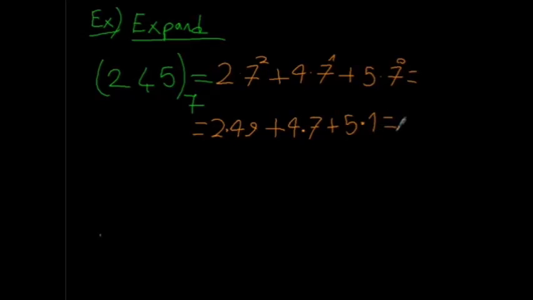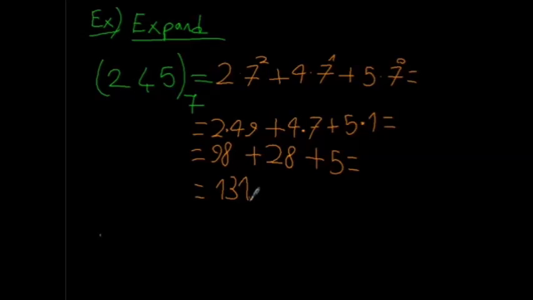If you can't read his handwriting, you can understand it from here. 2 times 49 makes 98, plus 4 times 7 makes 28, then plus 5 times 1 is 5. If you add all of these numbers, you will get the result 131. Thank you.